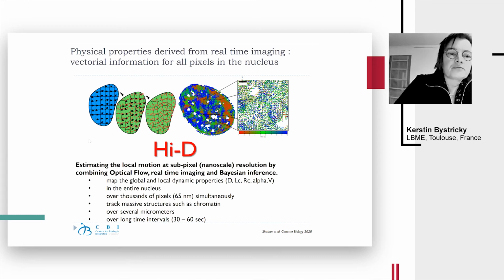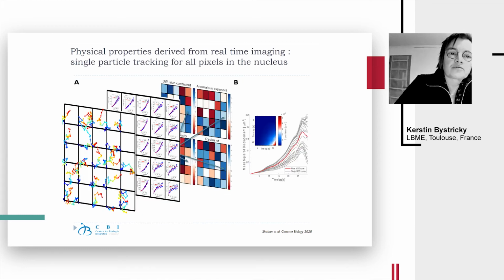For each pixel, you have a track. For each track, you can do mean squared deviations and compare it under different conditions. And then you can analyze what you want. Here it was Bayesian inference that enabled us to define the diffusive behavior for each pixel, whether it's normal or anomalous.